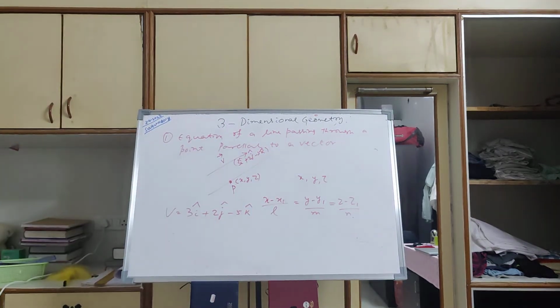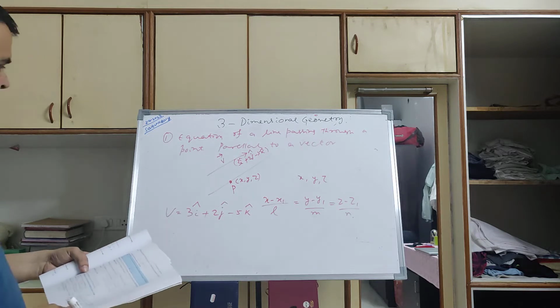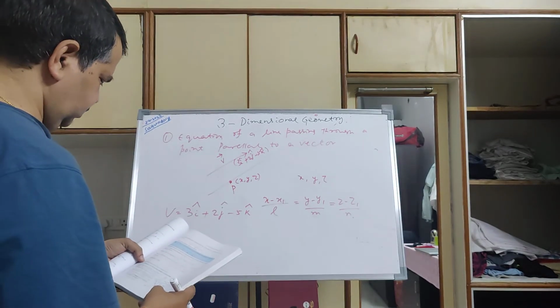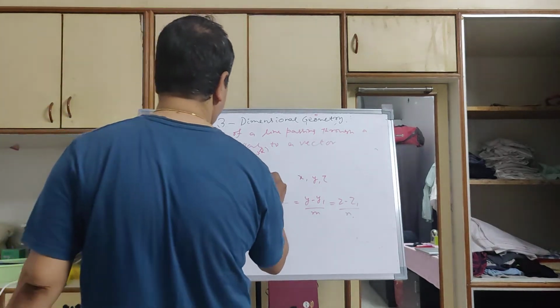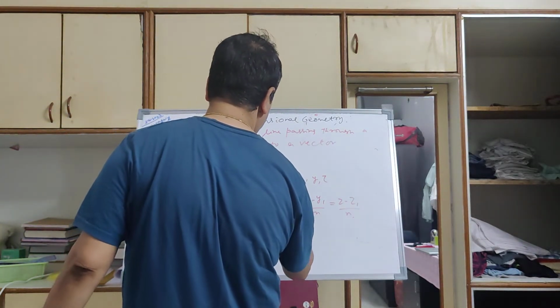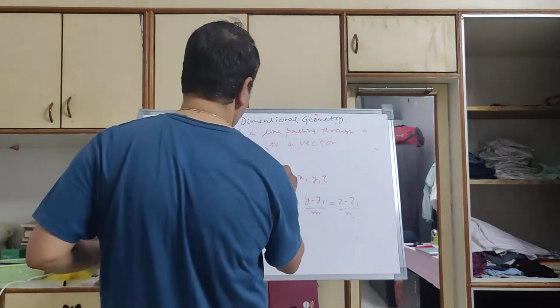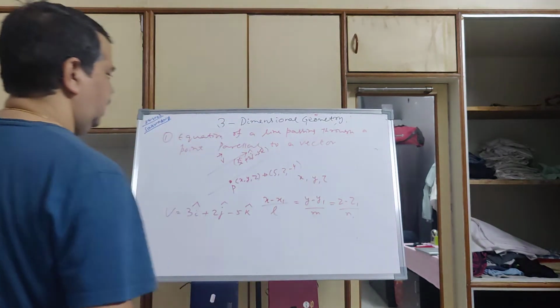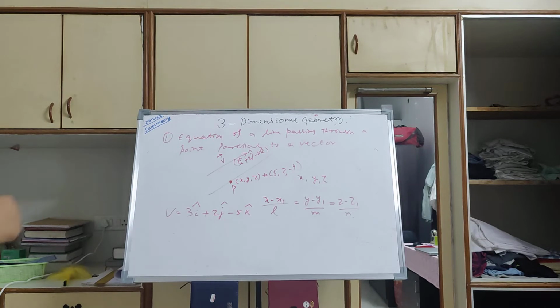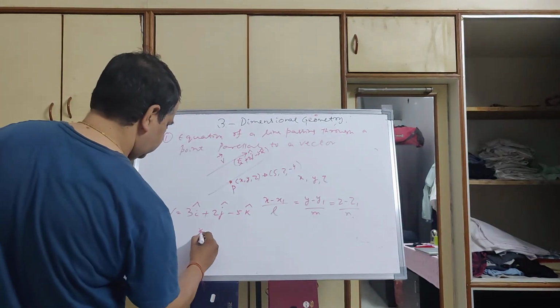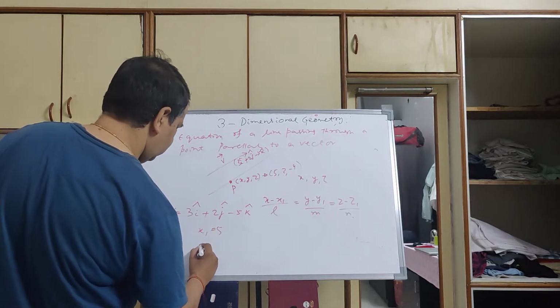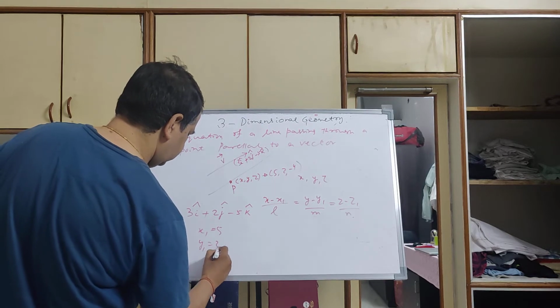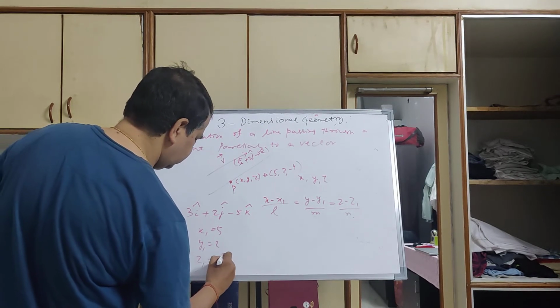So this is the vector. It is passing through the point (5, 2, minus 4). That means I know my x1, y1 and z1: x1 is 5, y1 is 2, z1 is minus 4.